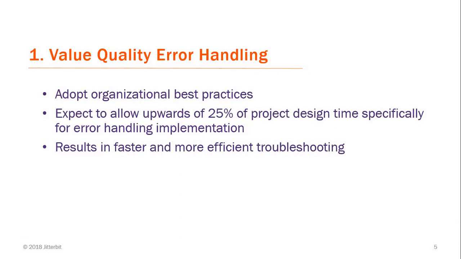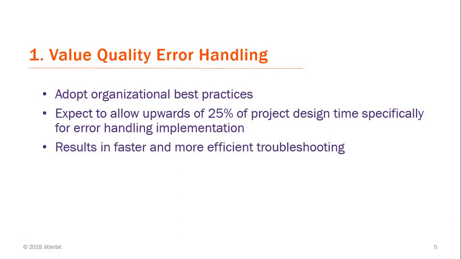I actually went out to our professional services team internally, and I said, how much time do you guys take when you're implementing a project to devote to error handling? And the responses came back anywhere from 10 to 25%. So the recommendation I'm going to give you today is expect to allow upwards of 25% of your project design time specifically devoted to implementing error handling.